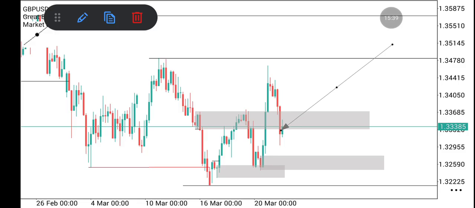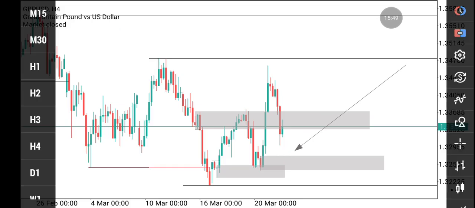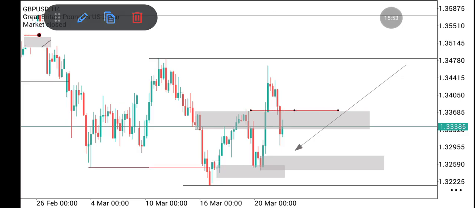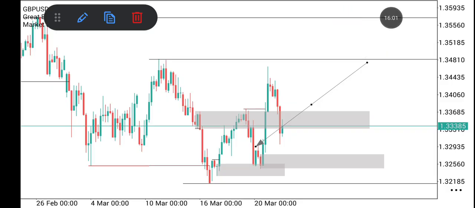At this point we cannot say that the market has fully switched to the bullish side, because there's no clear significant pattern that suggests that. We had a failure to close below.